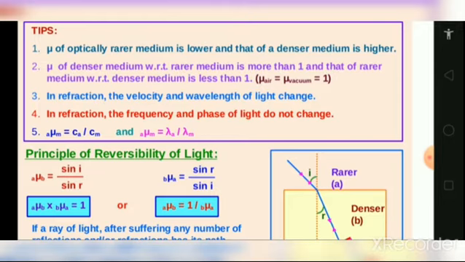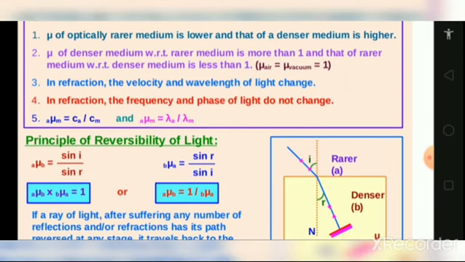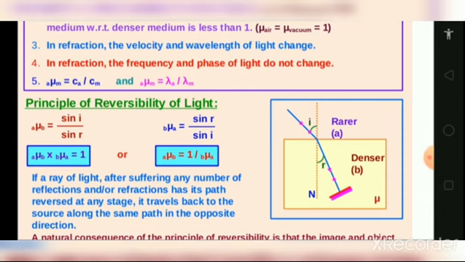In refraction, the frequency and the phase of light do not change. In a different way you can also write mu is equal to c a upon c m, and mu is equal to lambda a upon lambda m. The principle of reversibility of light says that mu is equal to sin i upon sin r, that is the law which you have already discussed.